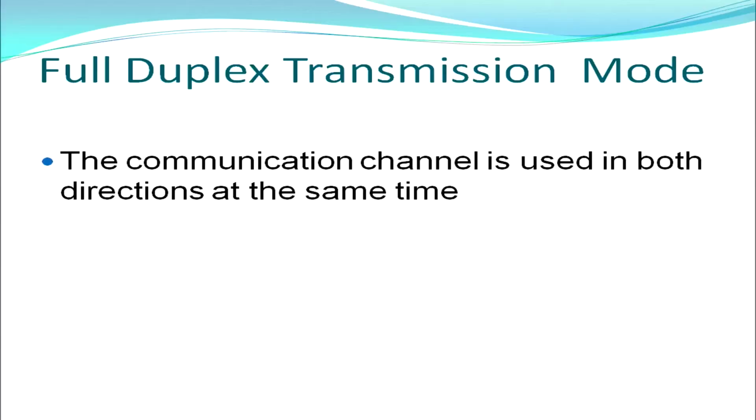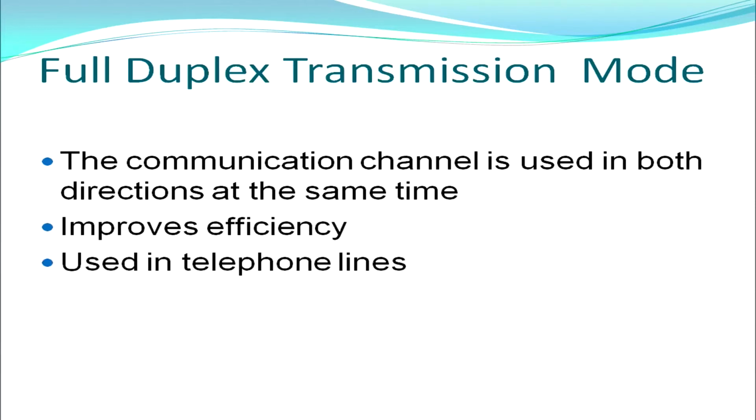We move on to the next transmission mode, that is the full duplex transmission mode. It is the best transmission mode being used these days as the communication channel is used in both directions at the same time, and it is very obvious that it saves a lot of time. This improves the efficiency of the networks.